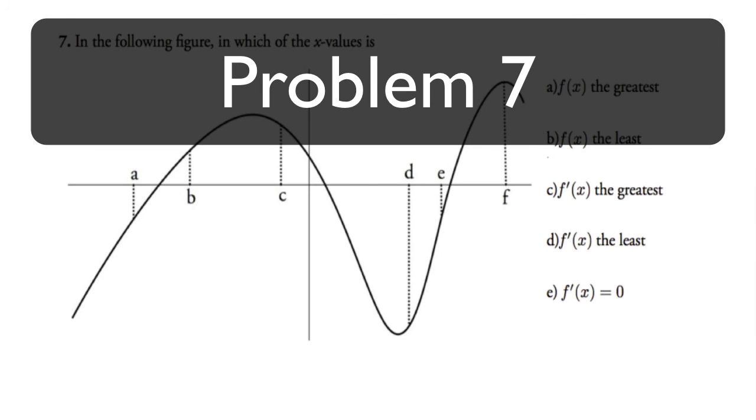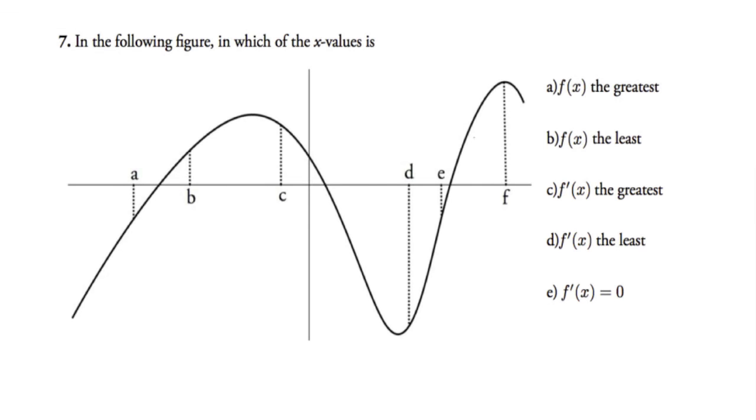Okay, so we've got this generic function here without any numbers, and we're trying to figure out all these different things about the function and its derivative. So the idea is to make sure that we can differentiate between the function, the values of the function, and the values of its derivative by looking at the graph.